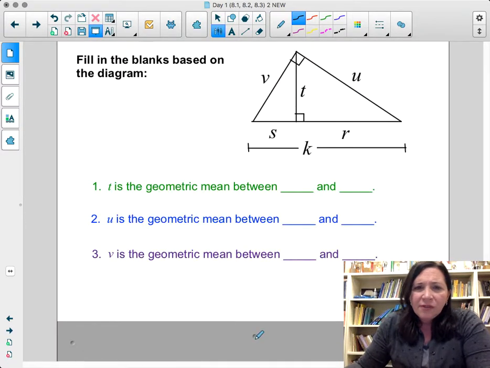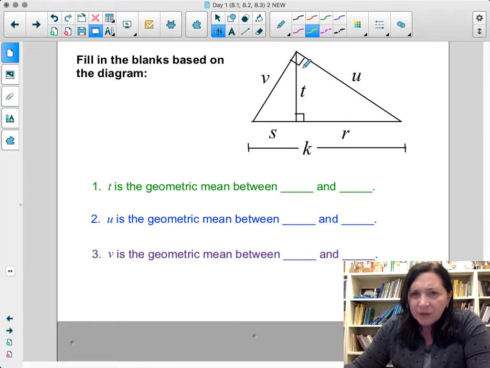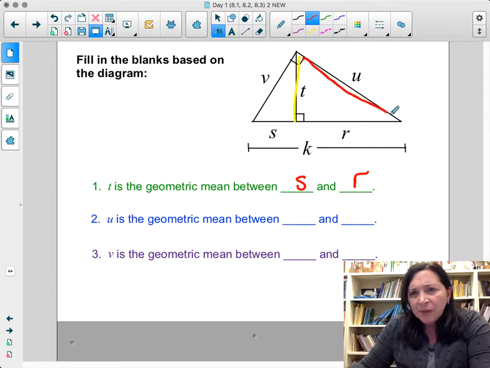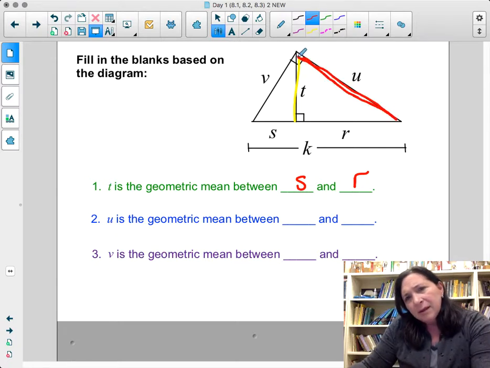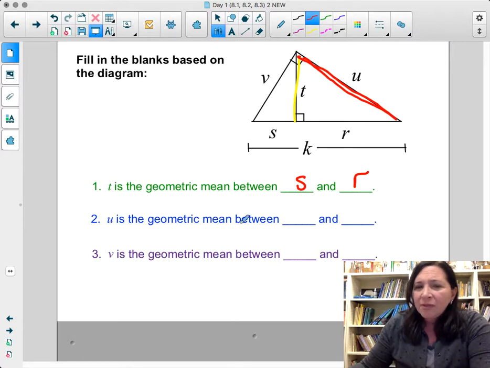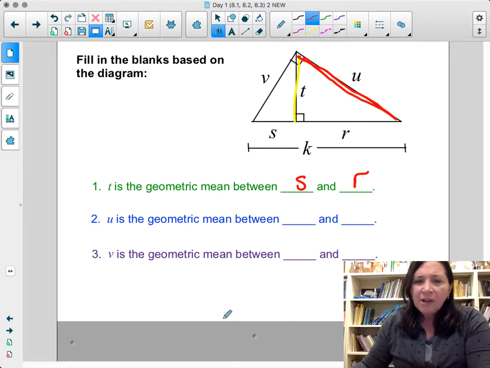So this is just another geometric mean. We've done a couple of these now. So there's t. So that's the geometric mean between S and R. U is the geometric mean. So that's either a leg or a hypotenuse. So these ones right here, so take a moment, stop the video, try to fill in what these values are.